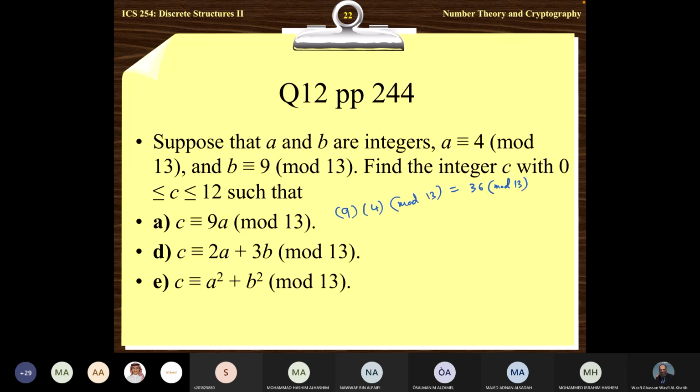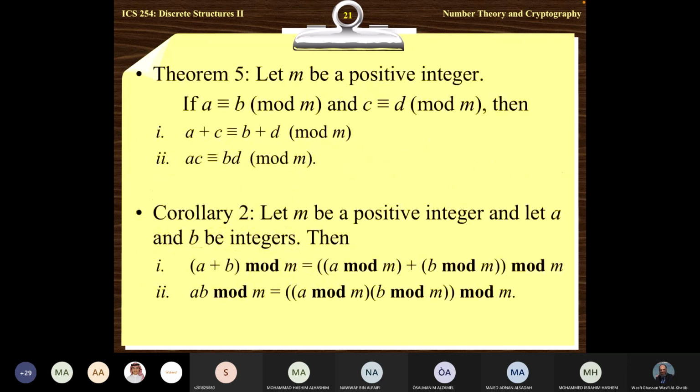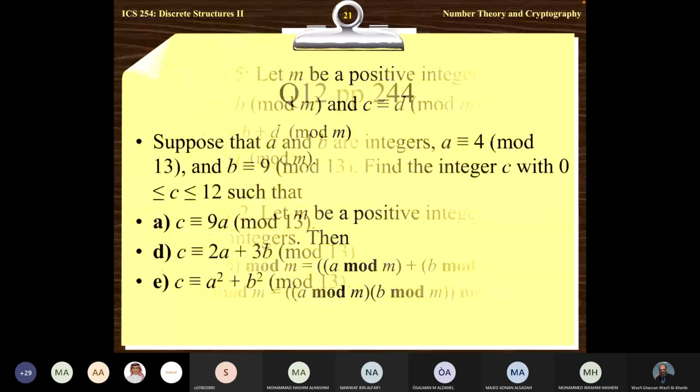Isn't 4 mod 13 multiplied by 9 mod 13 the same as 4 times 9? Isn't that what the theorem says? What is it? This one. AB mod M is the same as A mod M times B mod M. Okay, I see now.